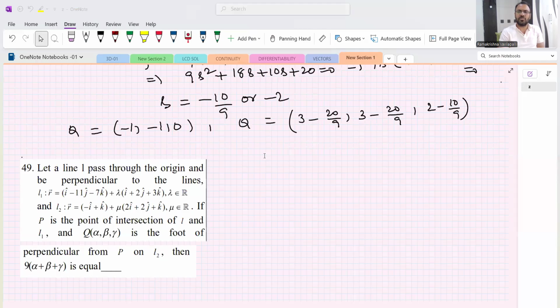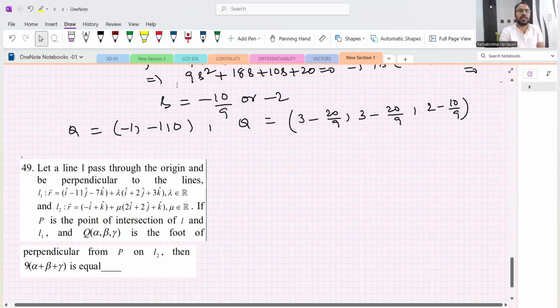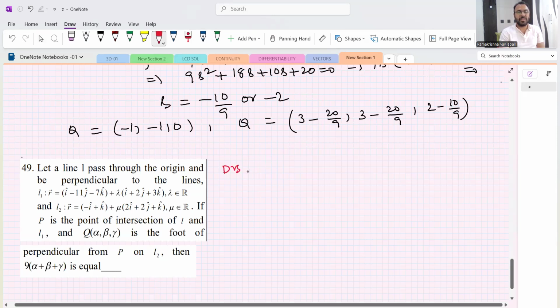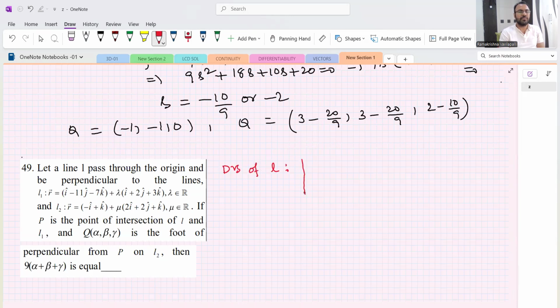Question 49 is similar to the above questions only. A line L passes through the origin and is perpendicular to the lines. So what are the DRS of L? The cross product of directional ratios of L1 and L2: i, j, k, 1, 2, 3, 2, 2, 1.